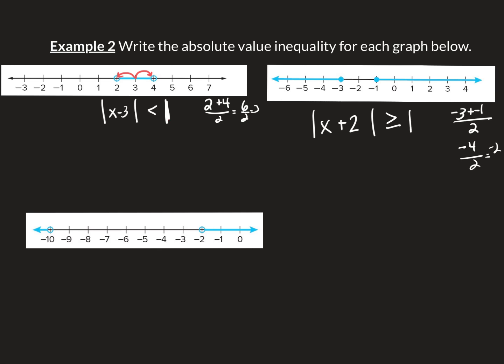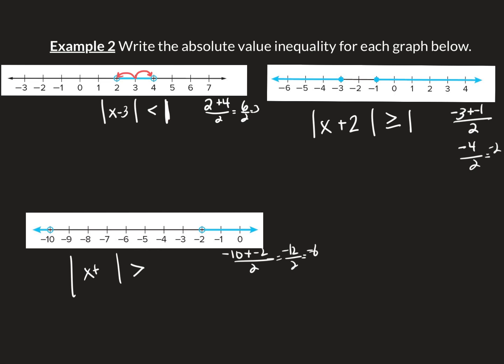Okay, let's look at the last one. It is an OR, and I have open circles, so it's going to be greater than absolute value of x, and let's see, negative 10 plus negative 2 divided by 2, negative 12 divided by 2, so negative 6.